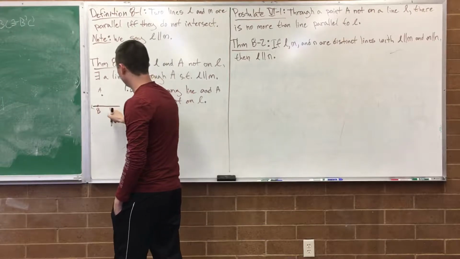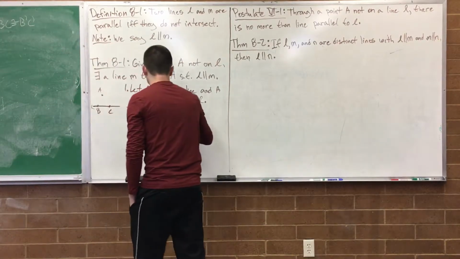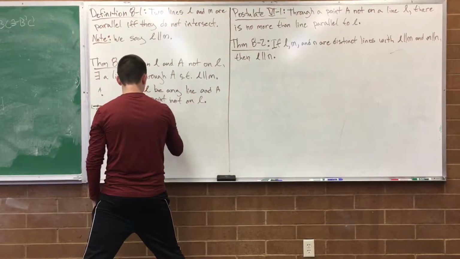Maybe we want 2 points on L to talk about it, so maybe we'll pick B and C on L. So we can talk about that angle. See what I mean? Yeah.